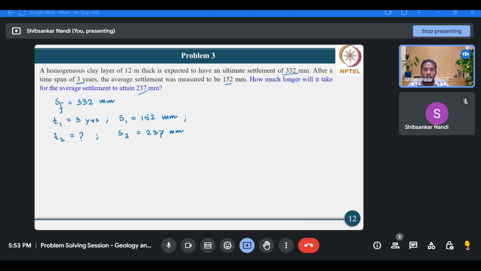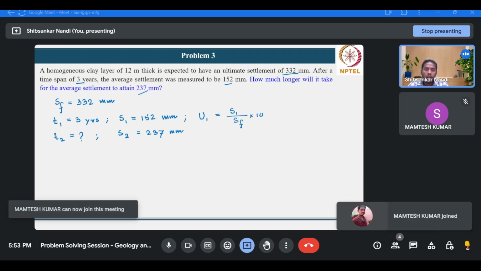To determine the degree of consolidation, suppose we denote the first case as U1, it will be S1 by SF multiplied by 100.